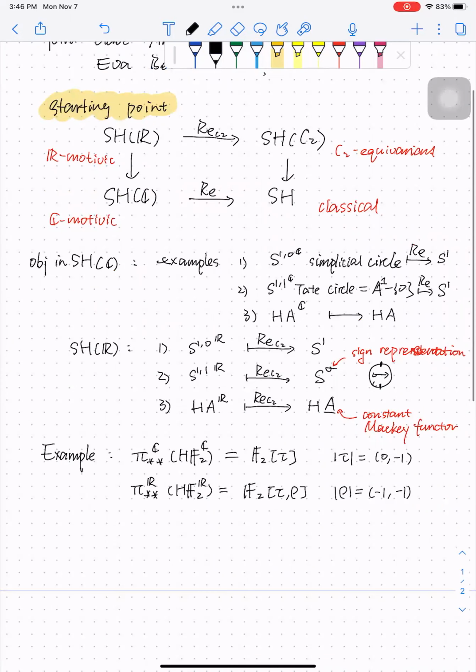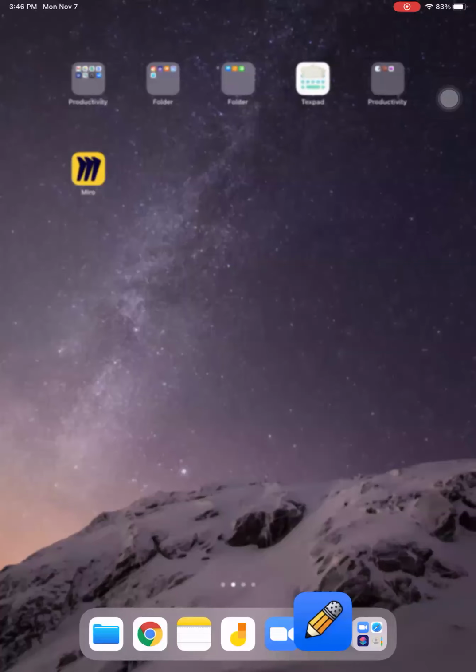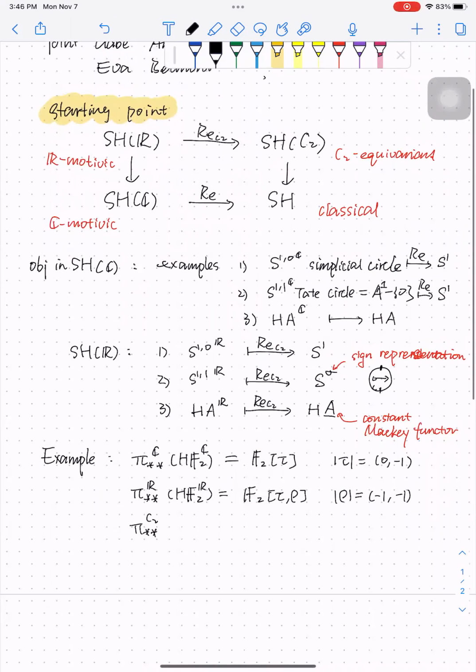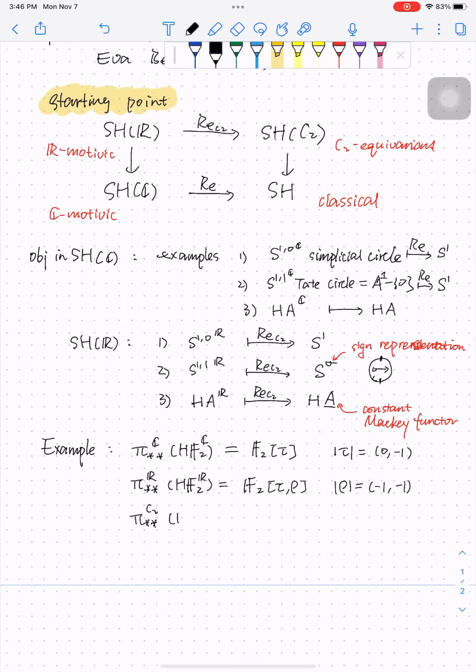And C2 is a bit complicated. If I take the Eilenberg-MacLane spectrum associated to the constant Mackey functor F2 underline and take its coefficient ring, well, let me change the notation.